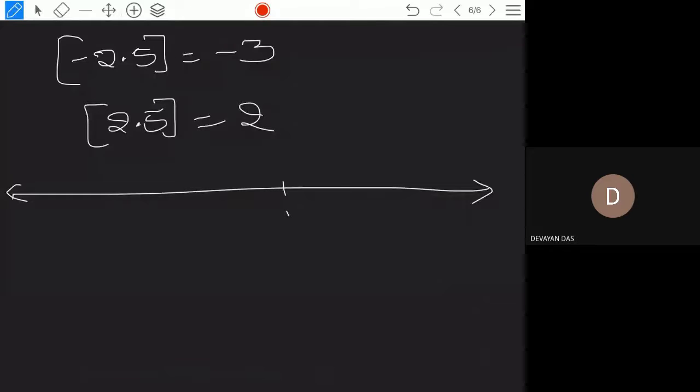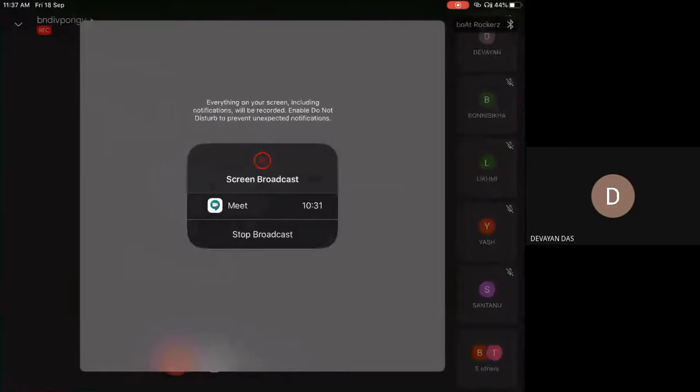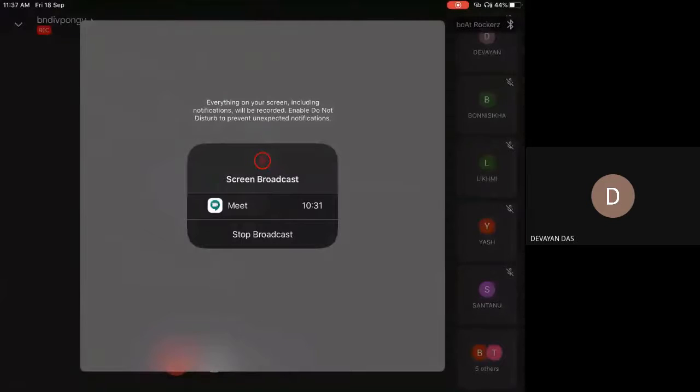Can you give me the answers of some other functions I am going to give? 23.56. What is the answer for this? In the brackets, if it is written like this, greatest integer function, 23.56, tell me, what is the answer for this?